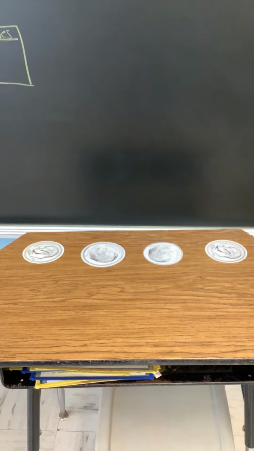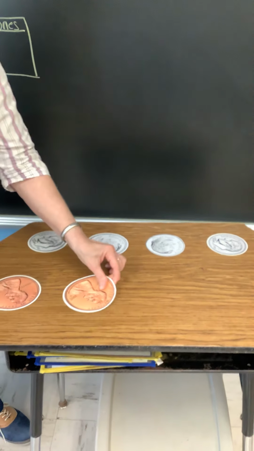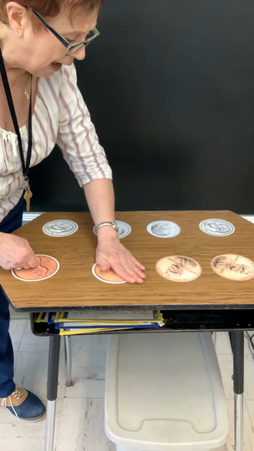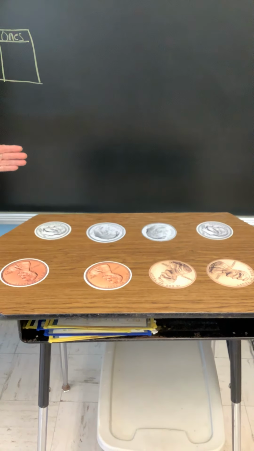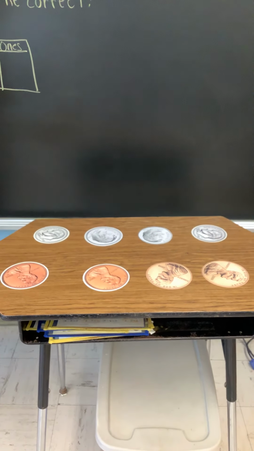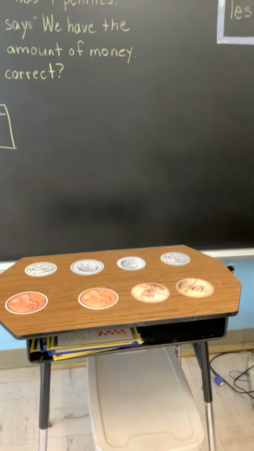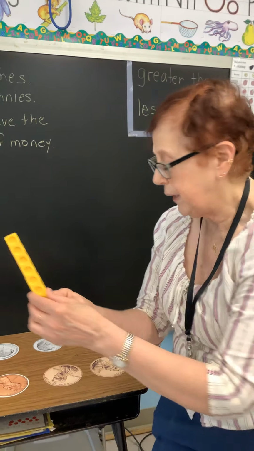And then Marcus said he has 4 pennies. 1, 2, 3, 4. Now, if you're good at counting money, you probably already know the answer, but I'm just going to show it with cubes anyway, okay? So 1 dime is like 1 ten.